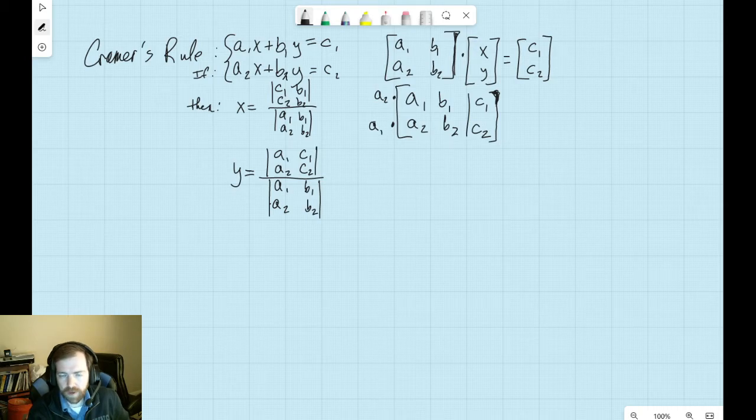This will allow us to get rid of our x's, and then later we can reverse it and go for y's. Alright, so clear out the first column. It's the easiest way to go.